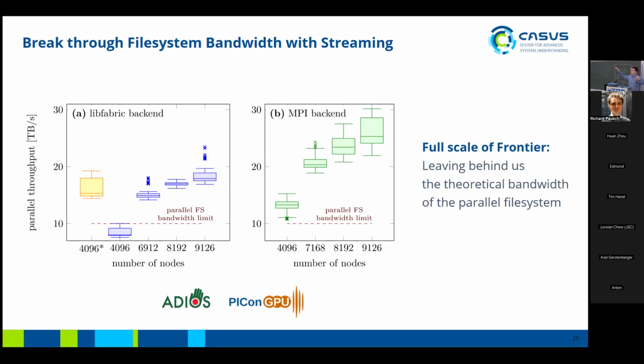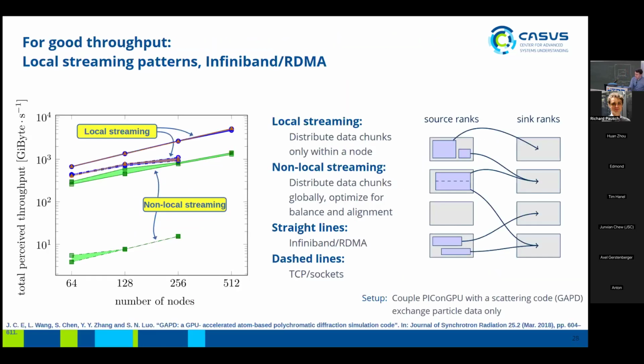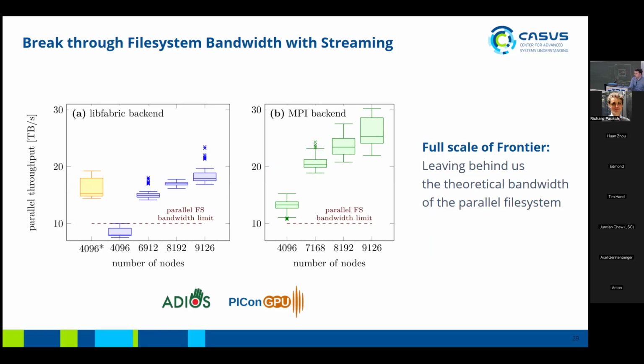RDMA, remote direct memory access, is then implemented by these kinds of networks so that you can have fast communication without unnecessary operating system level caching. So yes, this was using RDMA, but this was going via InfiniBand, and this on Frontier now via Slingshot.